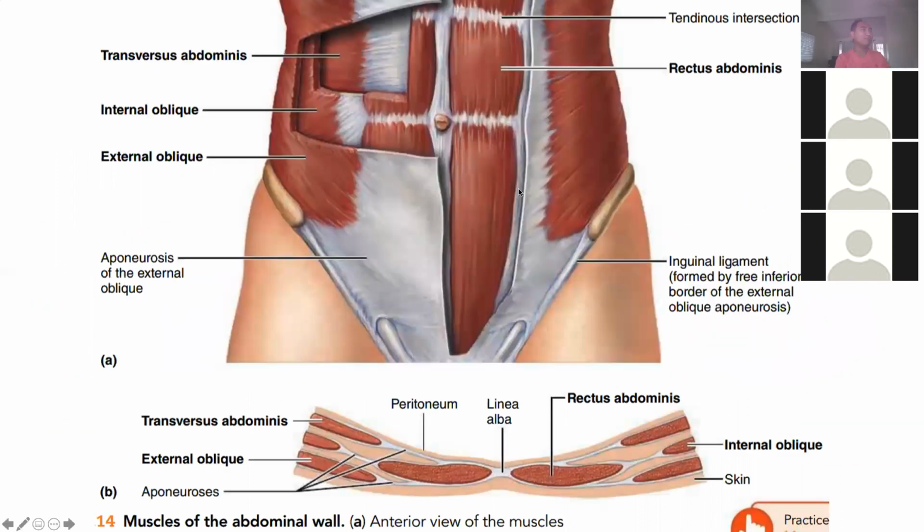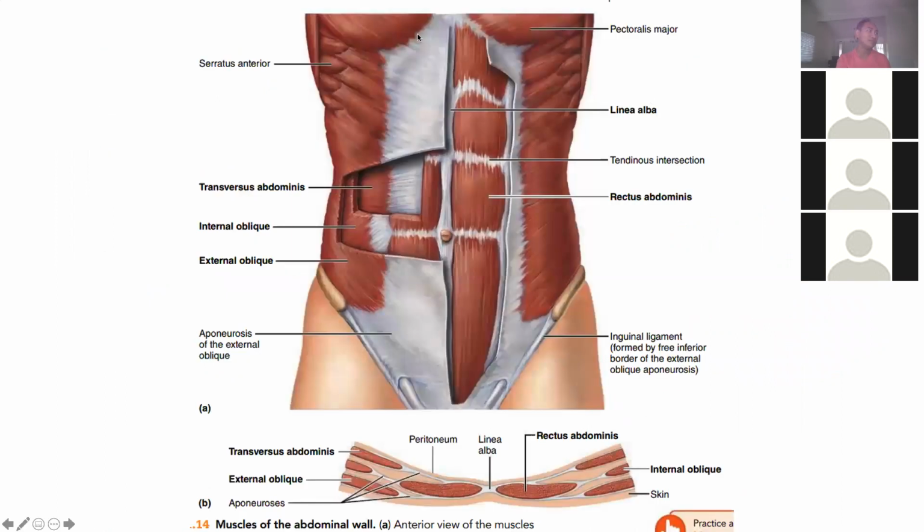No, it does not. This splitting and enveloping of the rectus covers only from the xiphisternum down to somewhere around here, roughly between the umbilicus and the pubic symphysis, halfway. This line is called the arcuate line, A-R-C-U-A-T-E.